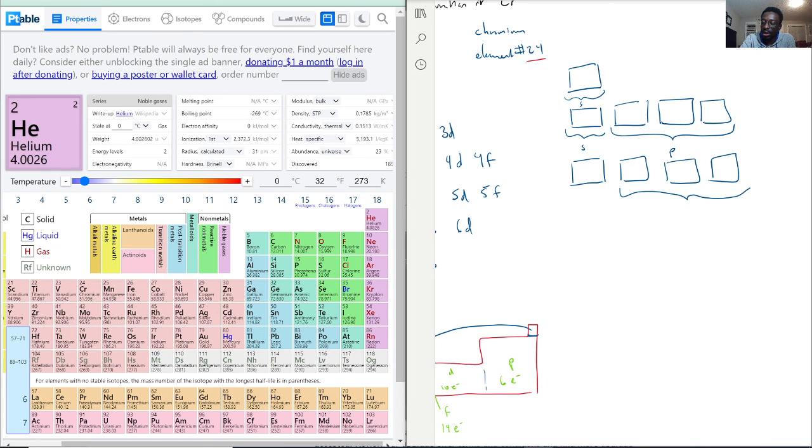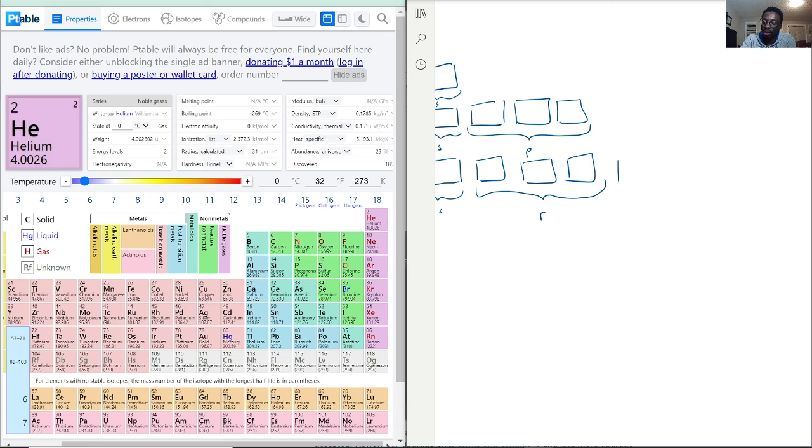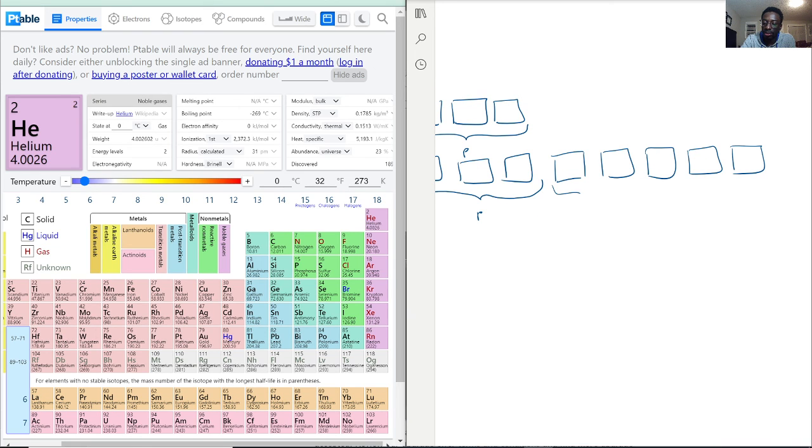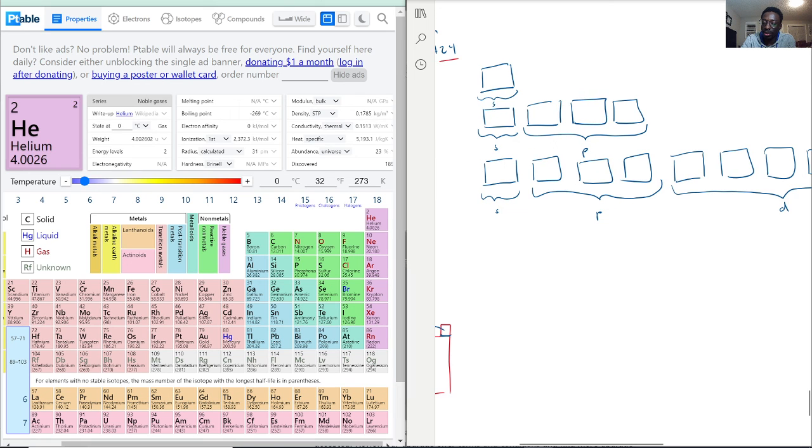Okay, this is your P as well. This is your S. And then for chromium, we actually have 5. Okay, so this would be your D orbitals. Okay, and then we're going to have one more S down here. Okay, let me just actually do this.